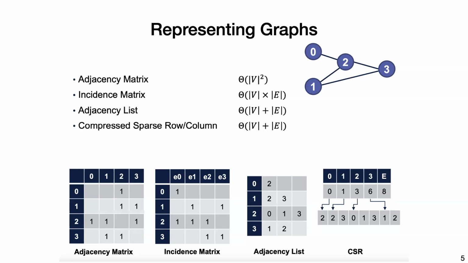The way it works is that the columns are the edges, the rows are the vertices, and you put a 1 where there's an incidence in that edge. So for example, E0 connects nodes 0 and 2, and E1 connects nodes 1 and 2, and so on like that.